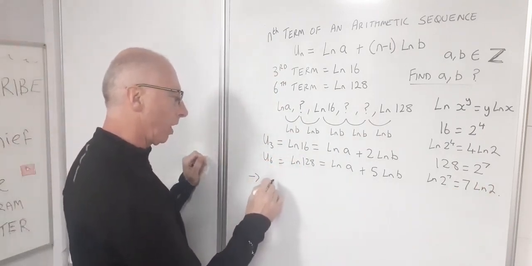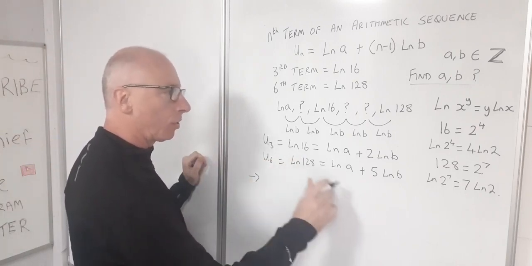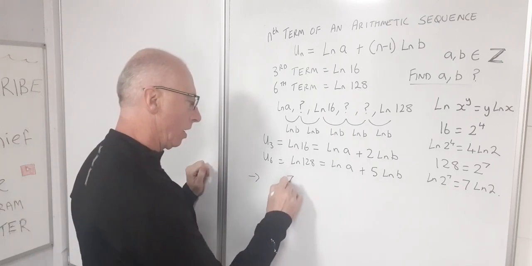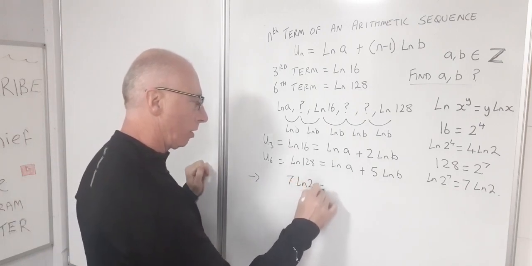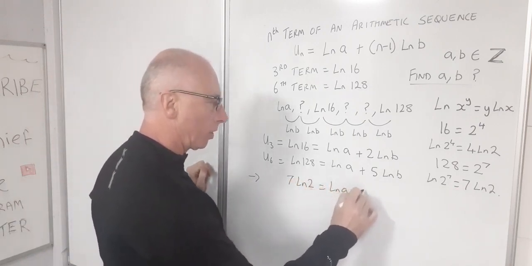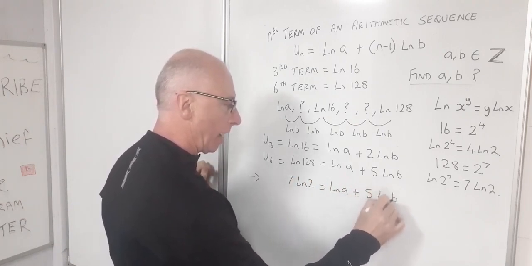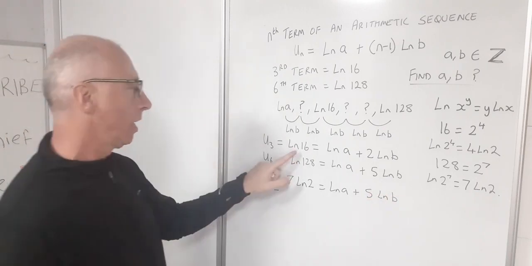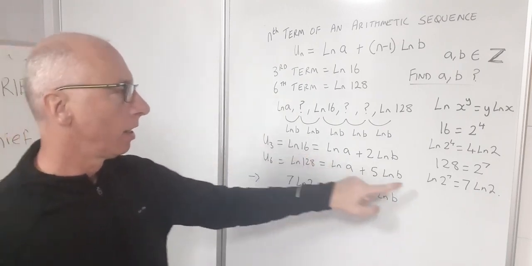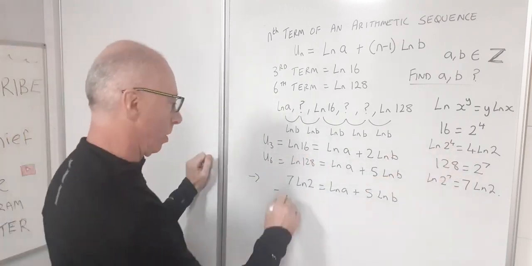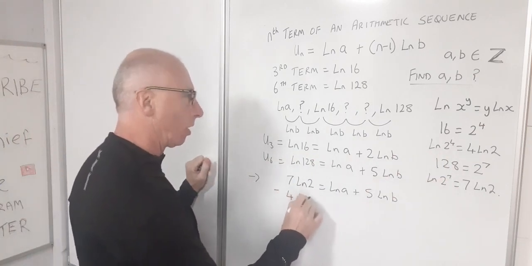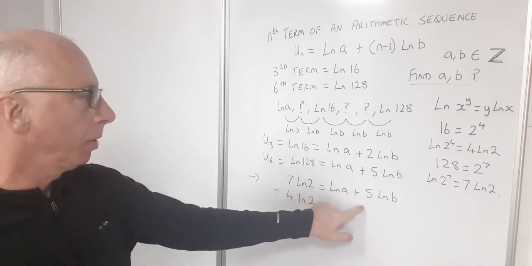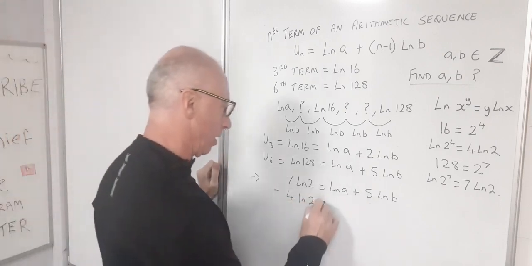So our next line of working will have log of 128, which will be 7 log 2, which we've worked out here. 7 ln 2 equals ln a plus 5 ln b. And then subtract from this one log of 16, which is 4 log 2. So 4 log 2 equals ln a plus 2 ln b.